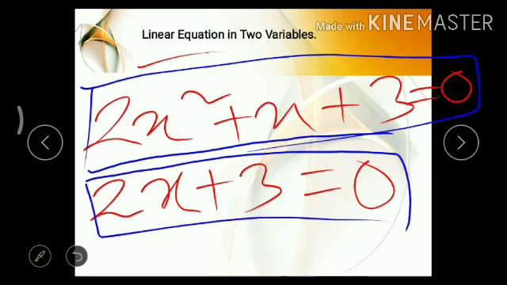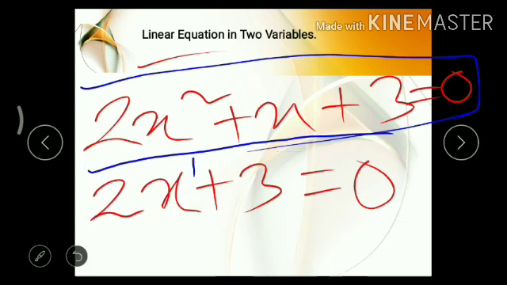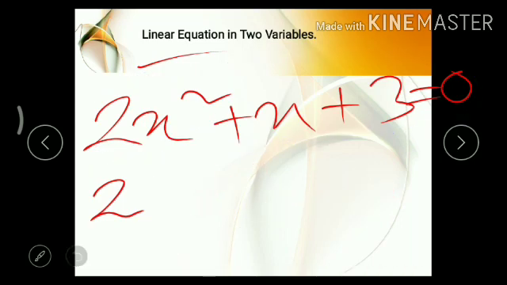Because the variable, this is the variable, its power is 1, so this equation has degree 1, this equation has degree 2, and degree 1 equations are called linear equations, and degree 2 equations are called quadratic equations. But we don't need any quadratic equation today. We will be dealing only with linear equations.